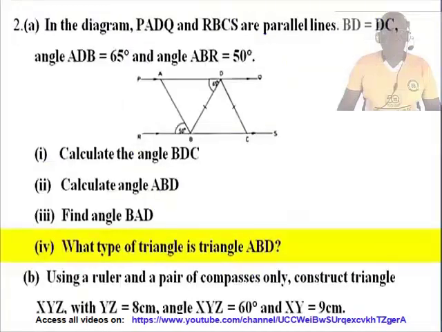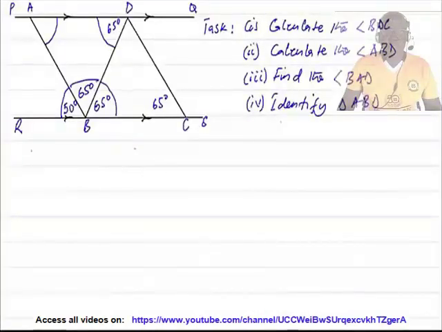2A sub-question IV. What type of triangle is triangle ABD? I will pause for the solution to 2A sub-question IV. We are to identify triangle ABD.